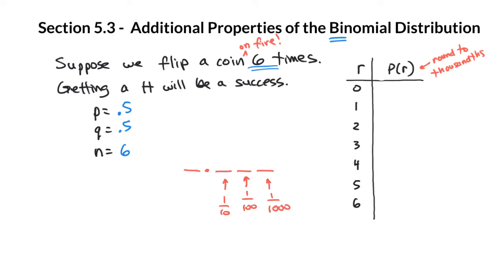As an example, let's say I have 0.2. Well, 0.2 is 2 over 10. That's how this whole thing works. This is the tenths place, hundredths place, and thousandths place.